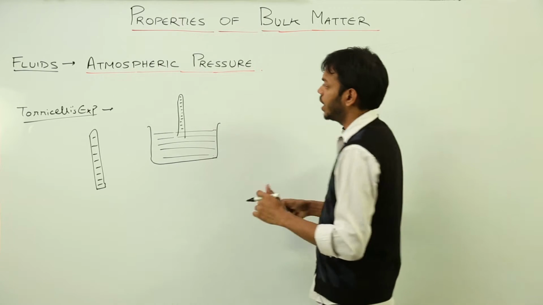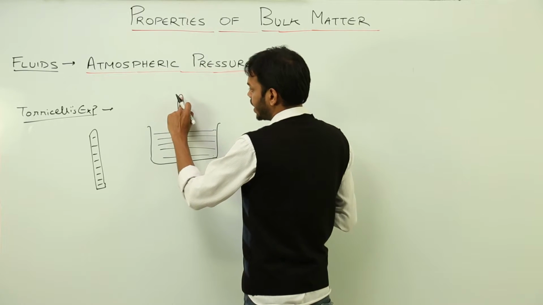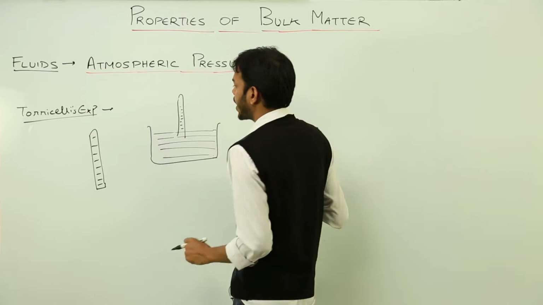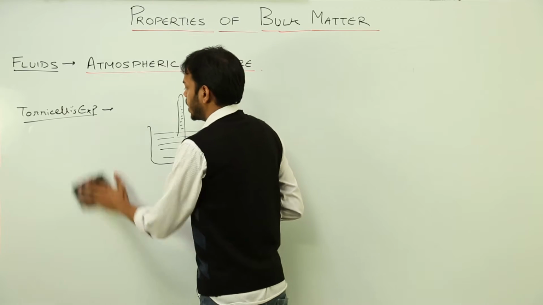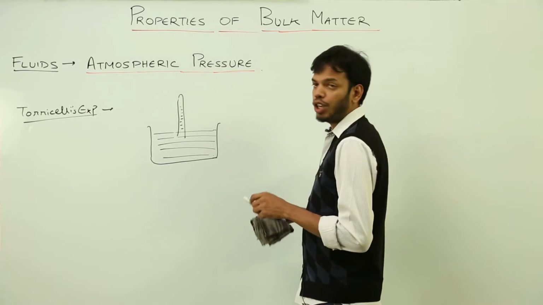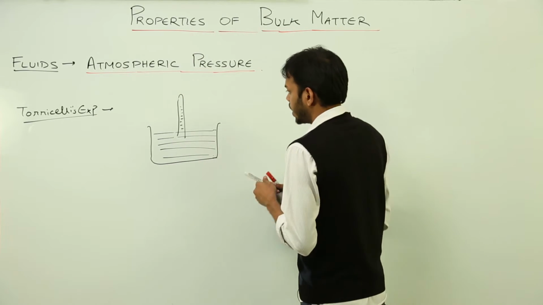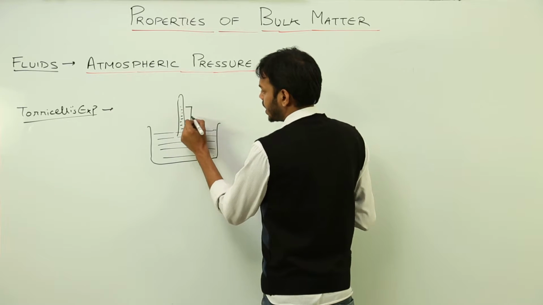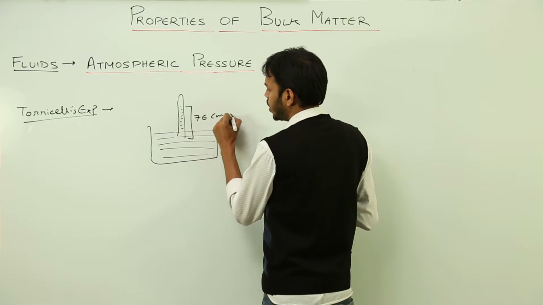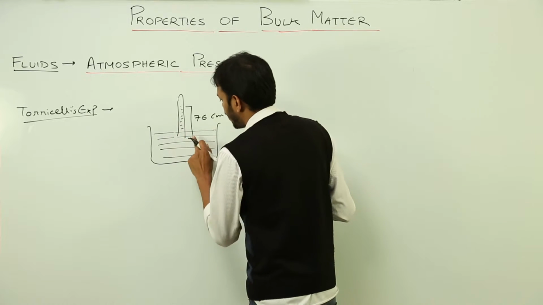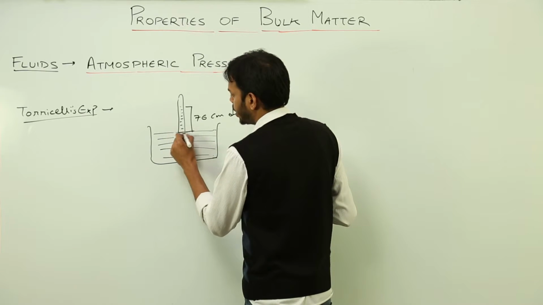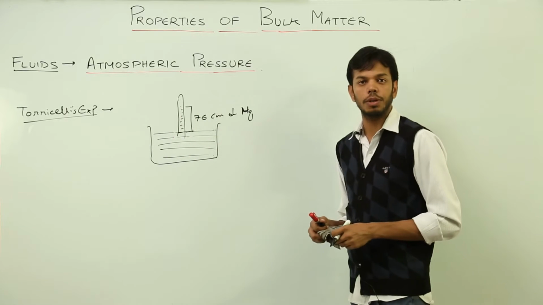This vacuum is called the Torricellian vacuum, and the important fact is that the mercury column held was 76 centimeters, from this point to that point.